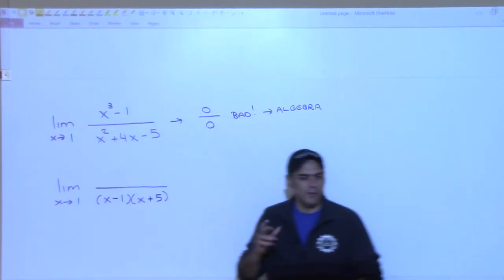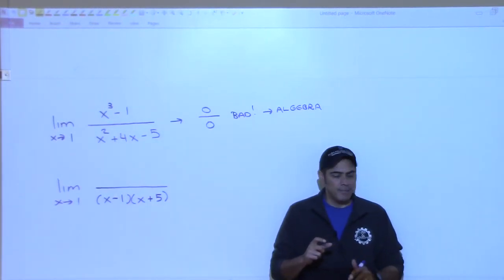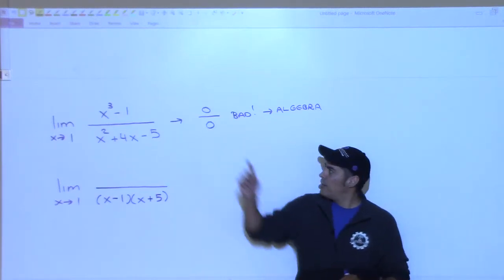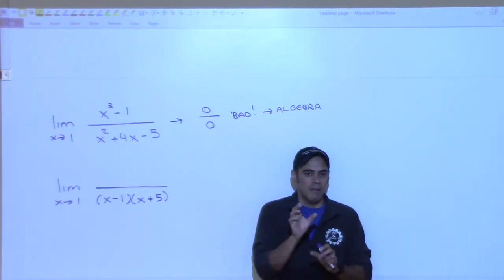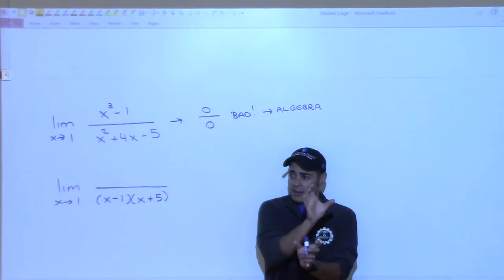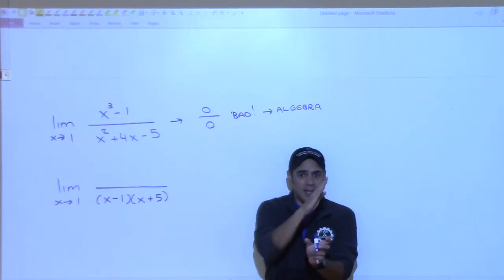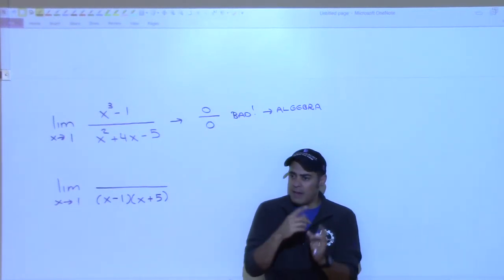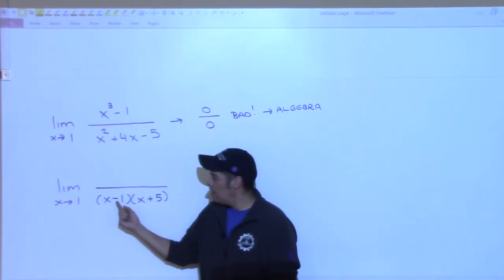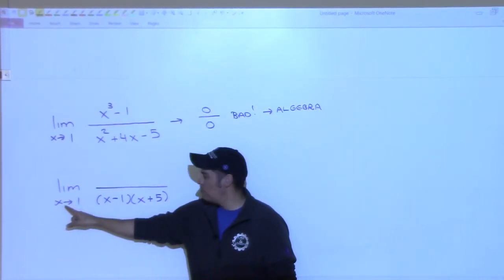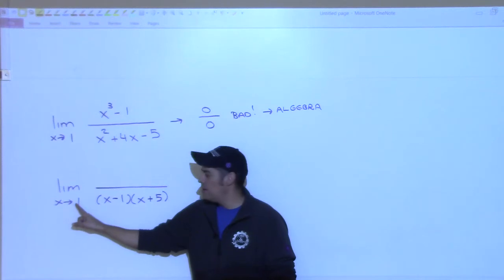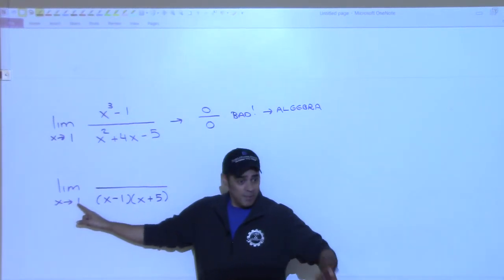Now look, maybe you've noticed this in the last few problems, that if you get 0 over 0, that means that there's going to be a common factor. There's going to be something that has to cancel, right? And that common factor should always be whatever would be required to make x equals 1 be 0, right?